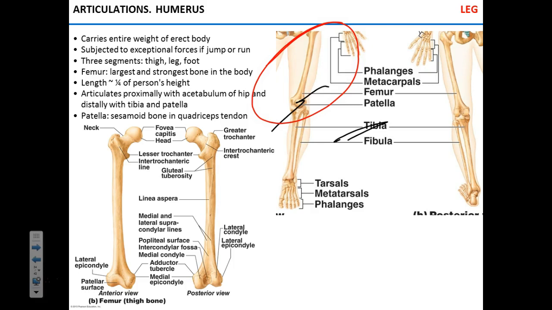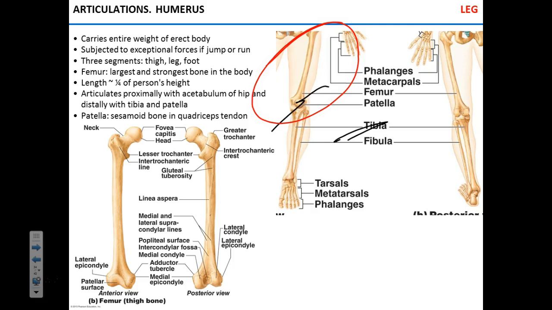Proximally, femur articulates with the acetabulum of the hip bone, like this. This part of the femur, called the head, fits right into acetabulum. Head rests on the thinner part of the bone, called the neck, which is the often site for the fractures in elderly who suffer from osteoporosis.